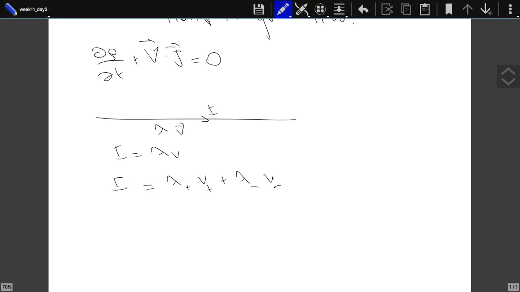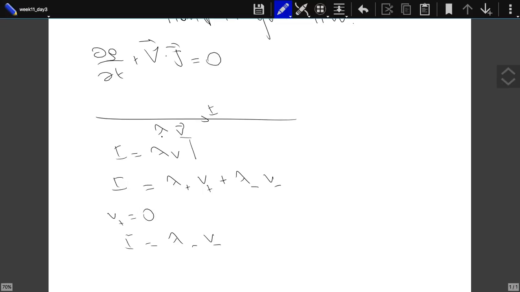So the total current running through this wire is just the sum of the currents carried by the positive charges and also the negative charges. Now for a wire at rest, the positive charges are the nuclei basically. So v plus is zero. So the current is determined only by the negative charges.